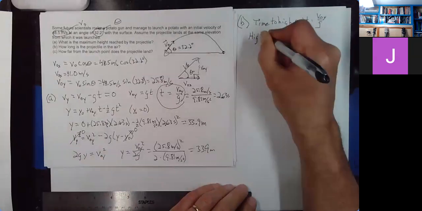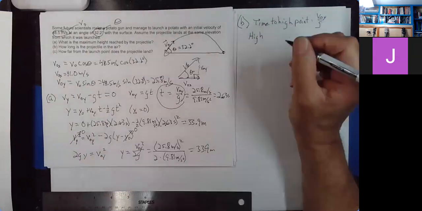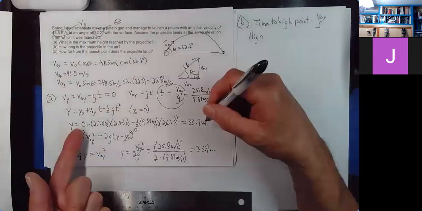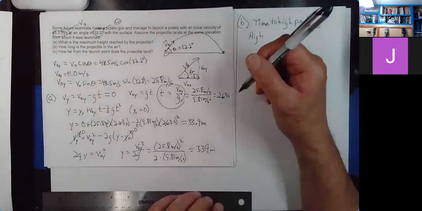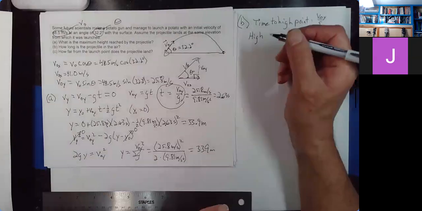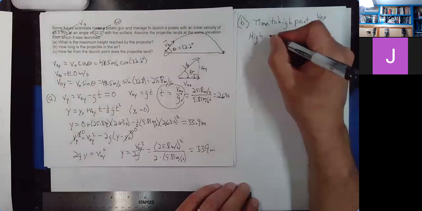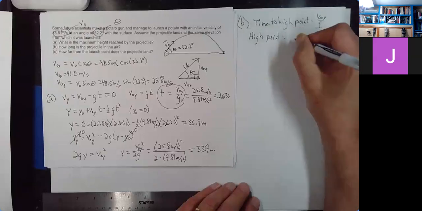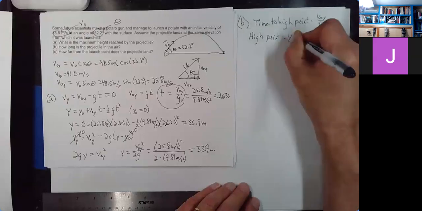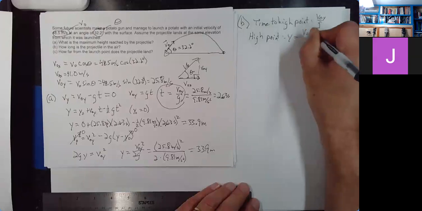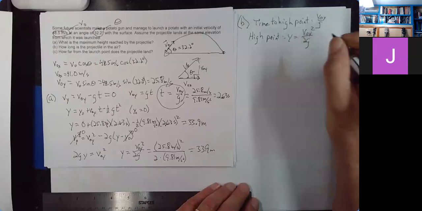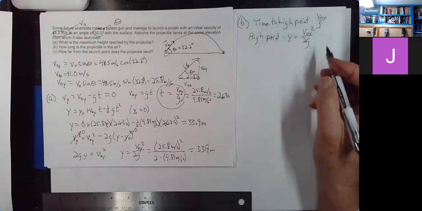Here's a way of solving an equation without having to use the quadratic formula, although this quadratic we could solve without using the quadratic formula. But the high point was y equals V naught y squared over 2g. Okay, and I'm just going to leave these in letters.